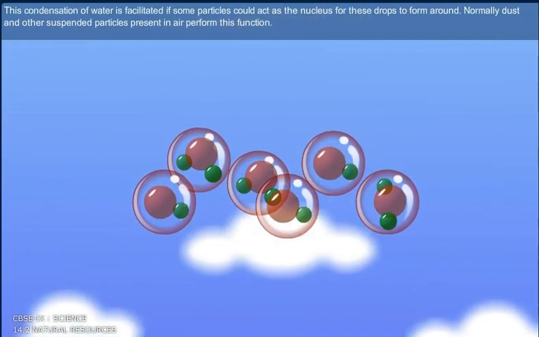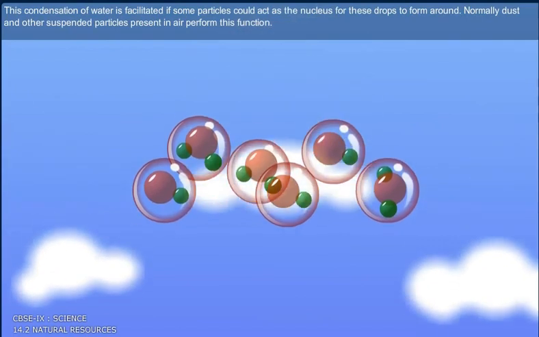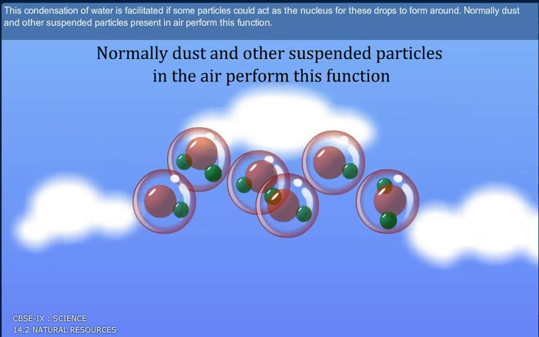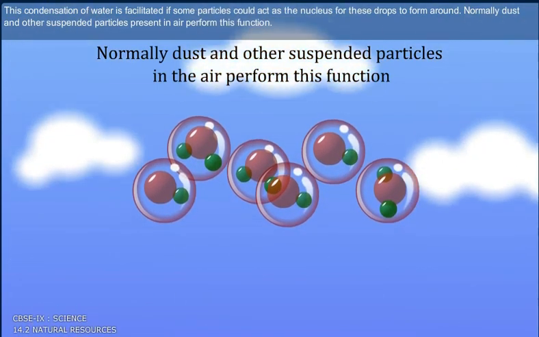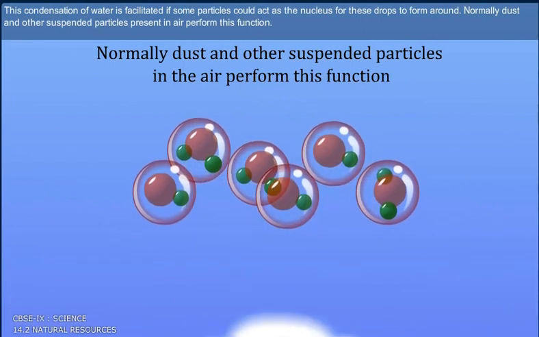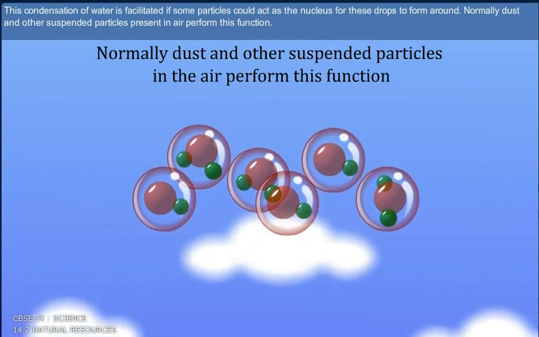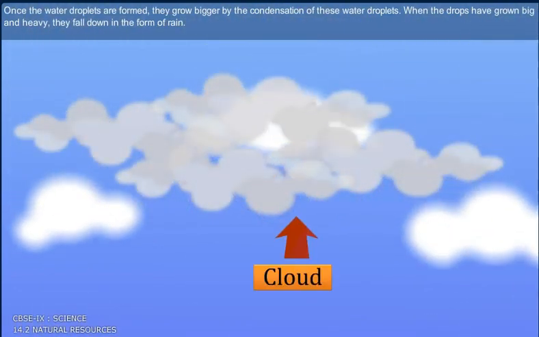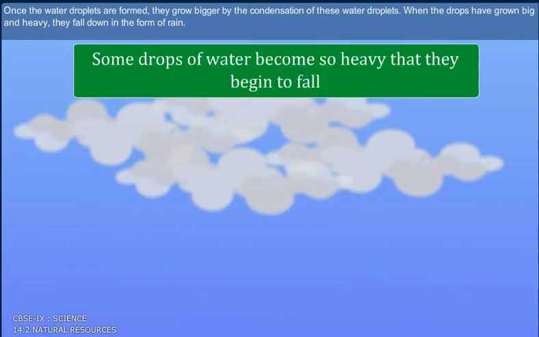This condensation of water is facilitated if some particles could act as the nucleus for these drops to form around. Normally, dust and other suspended particles in the air perform this function. Once the water droplets are formed, they grow bigger by condensation.